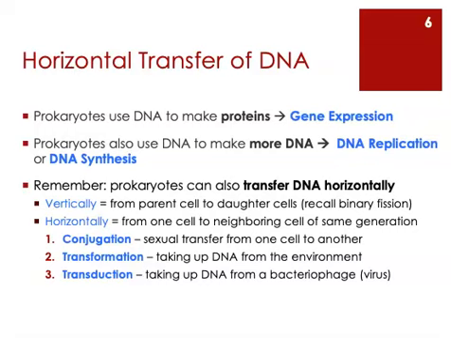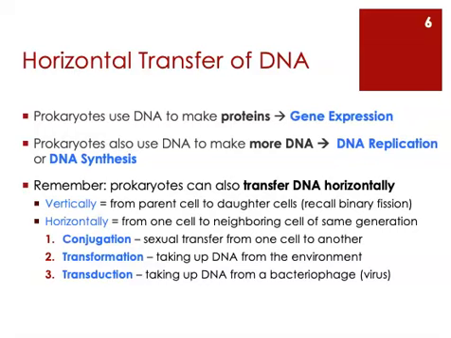But microbes, prokaryotic microbes anyway, are also capable of horizontal transmission. They're capable of passing their DNA from their own selves to their neighbor. So they're capable of passing it to another cell of the same generation as their own.